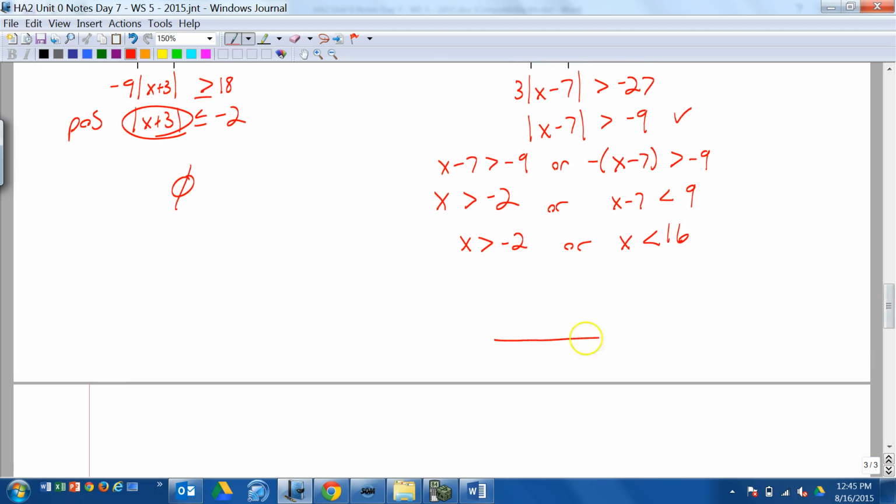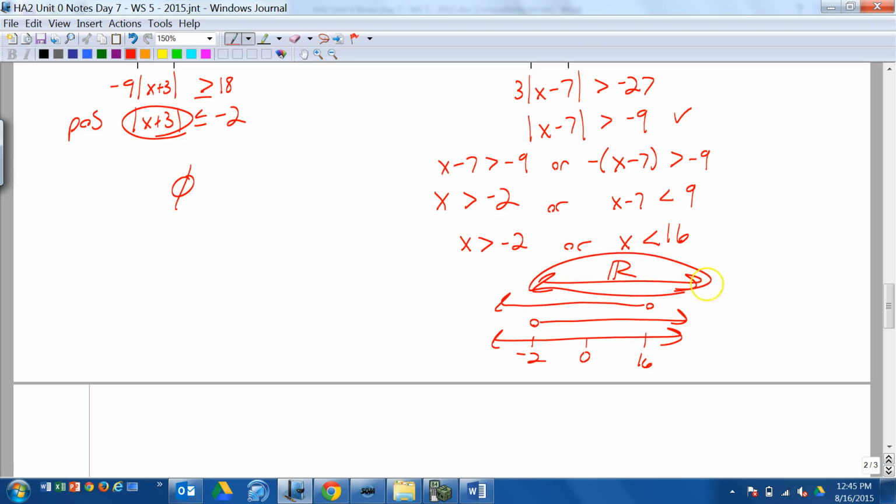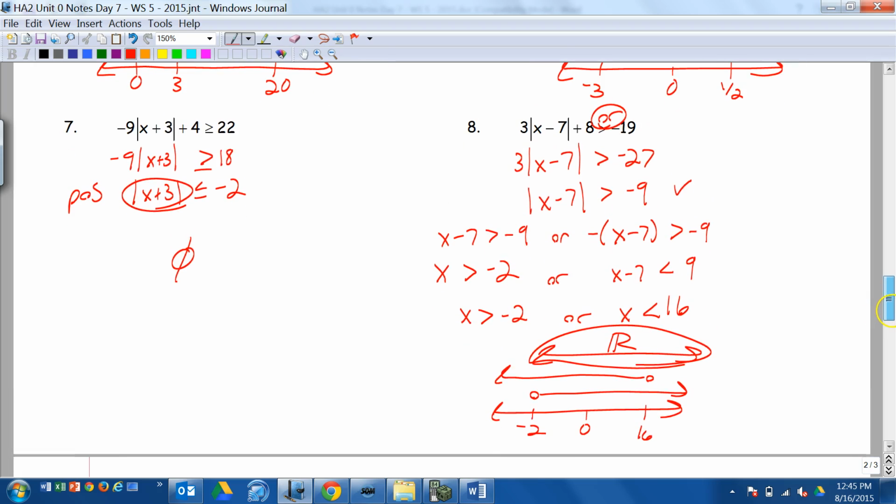When you graph these, remember it's an OR graph. Greater than, less than. But remember, this is usually an AND graph. So with an OR graph, you take all the pieces, and this is basically saying anything you put in will be a solution. And it makes sense.